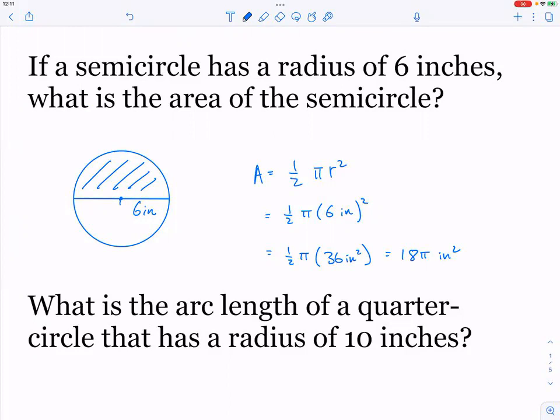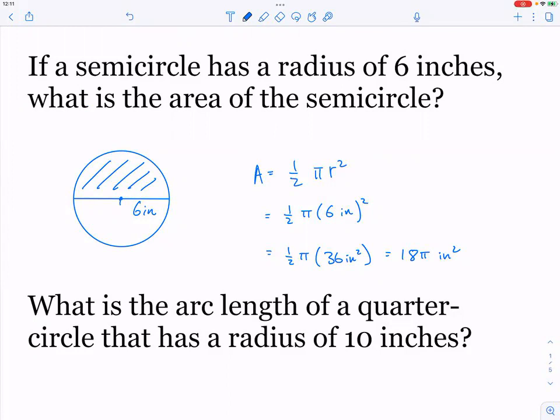So 18 pi inches squared would be the exact answer. If you put it into a calculator, 18 times pi, and then you get a decimal number and round to 3 decimal places, that would not be exact.